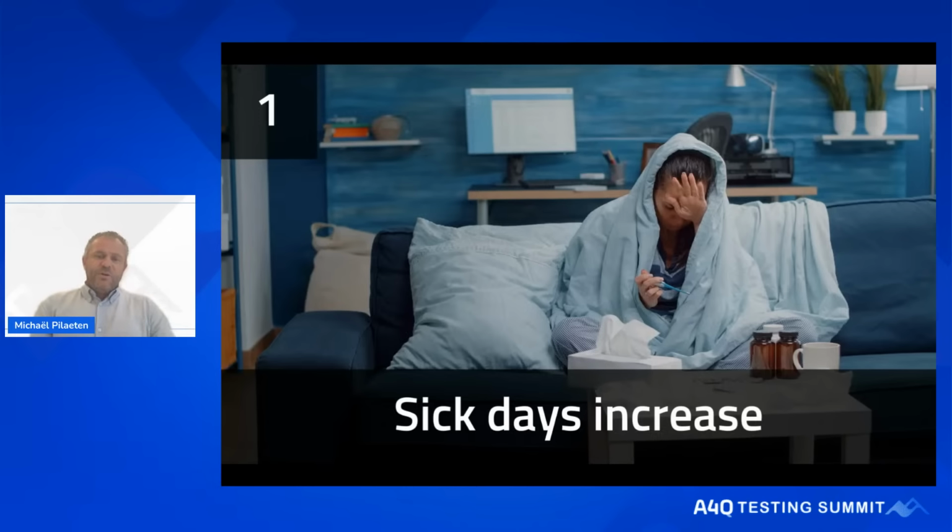You will also notice some decompression, where health issues, people being sick, mask a hidden overload. You're putting too much work on them, and you can only stretch somebody so far, and at the end of an iteration, at the end of multiple iterations, at the end of a delivery period, you get a decompression, and people get ill.